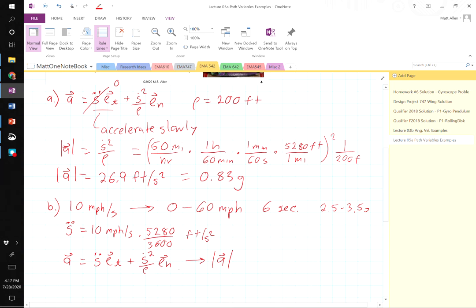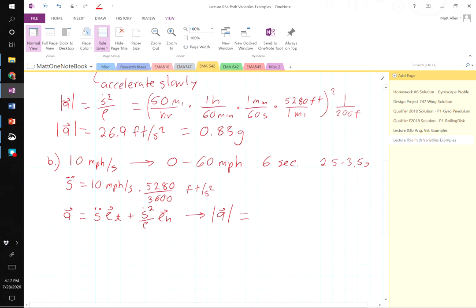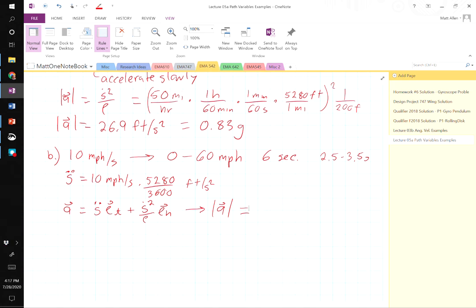And because et and en are orthogonal, you might be able to just skip to this equation. Or we could actually write out s double dot et plus s dot squared over rho en dotted into itself.